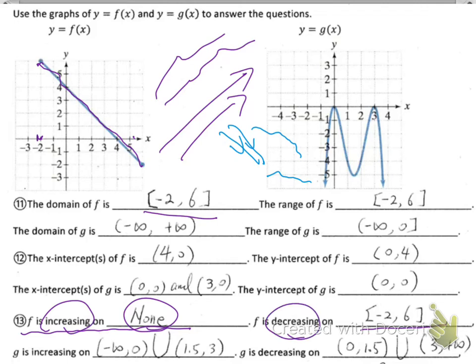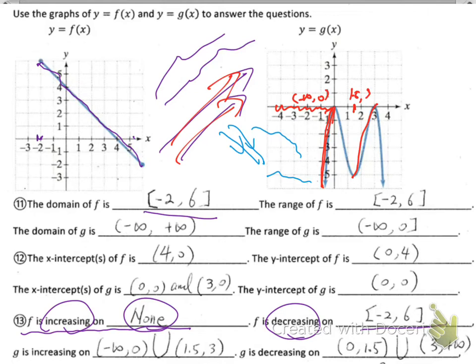So function g, where is function g increasing? Where does function g go up like this? It is this part and that part. This part, looking at the domain, is -infinity to 0. So project everything to the x-axis. On x here, the curve is going up, it is increasing. And the other part is the midpoint 1.5 to 3.